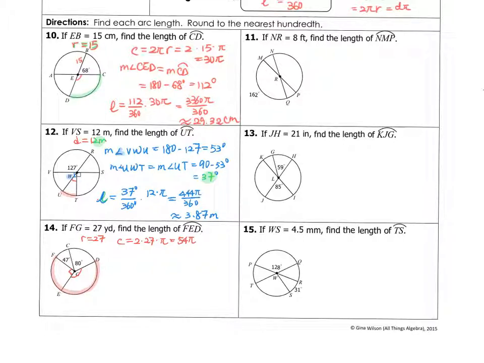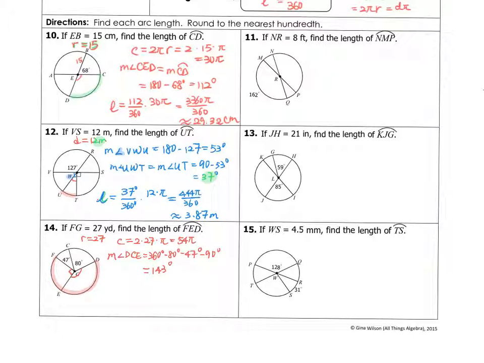Therefore, the central angle of DCE should be 360 degrees minus 80 minus 47 minus 90 degrees. That's what I would get. I think it's 143 degrees.